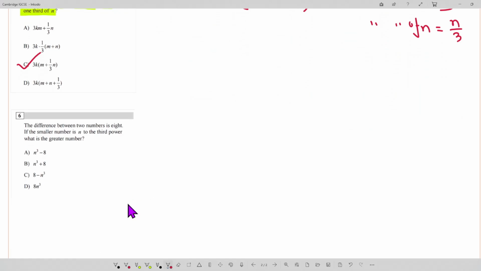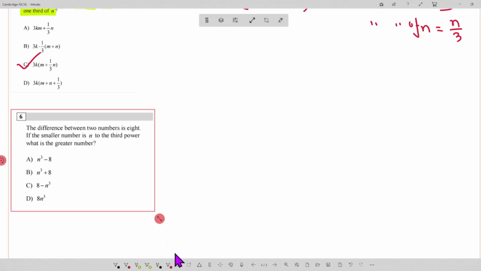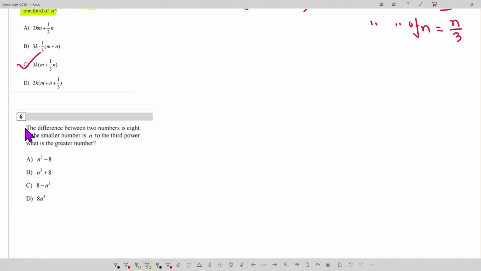Today's last question, number 6. Here it is mentioned the difference between two numbers is 8. If the smaller number is n to the 3rd power, what is the greater number? So here also we have to understand something. The difference between two numbers is 8.